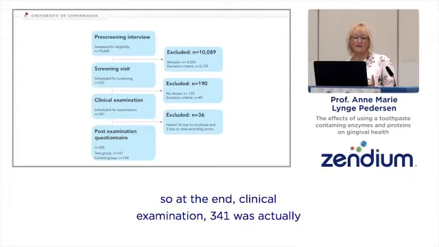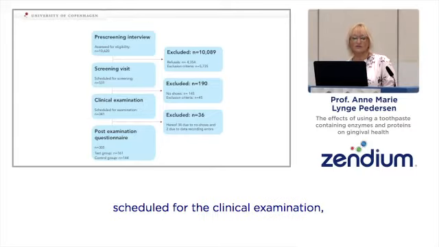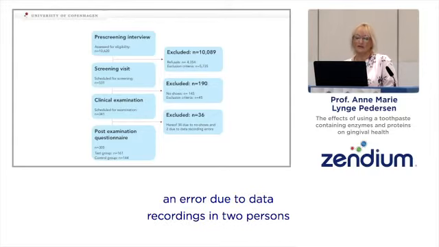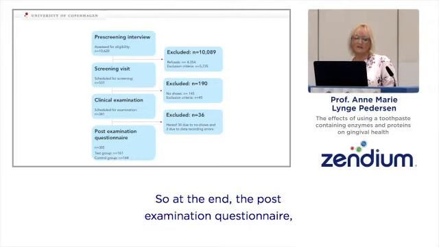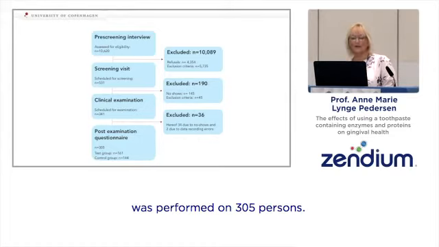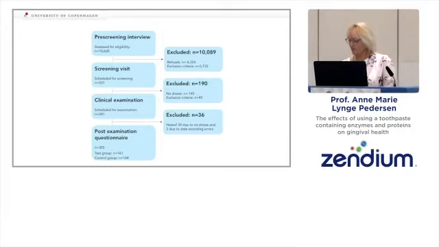So at the end, 341 were actually scheduled for the clinical examination. Hereof, about 36 had no-shows or we had an error due to data recording in 2 persons. So at the end, the post-examination questionnaire was performed in 305 persons.